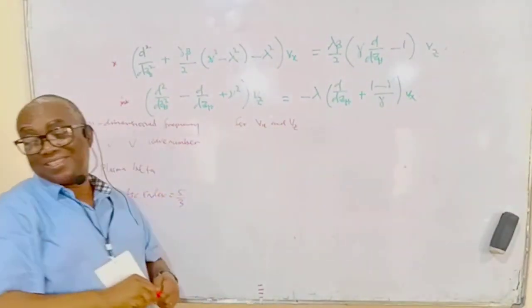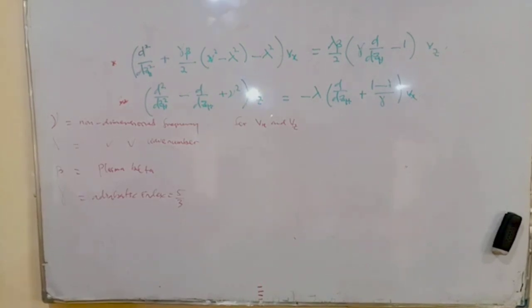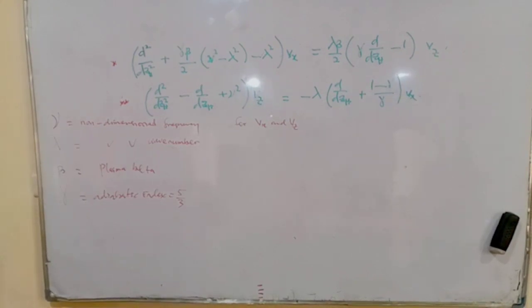Now, if we are to solve these problems, it could take us quite some time, because you are going to do elimination. And the way to do the elimination stands to tell us something.